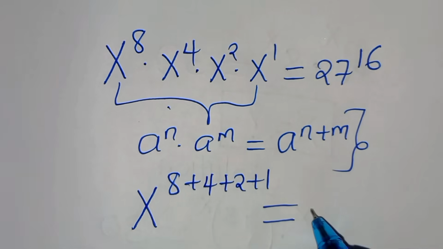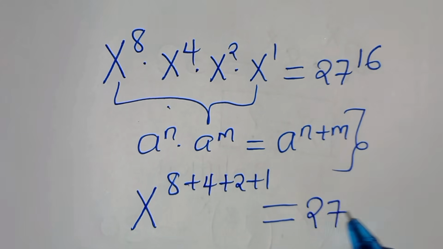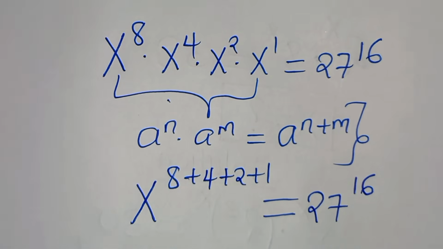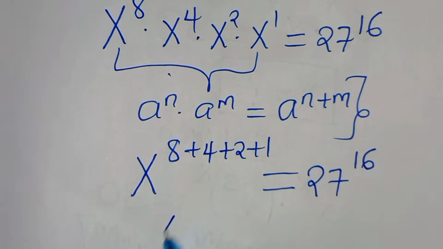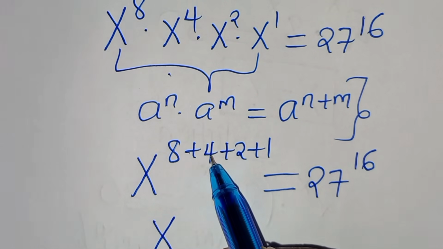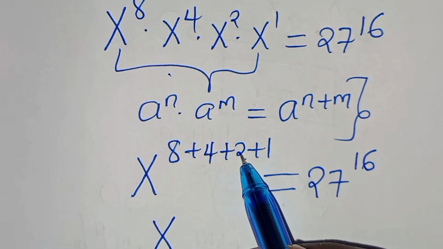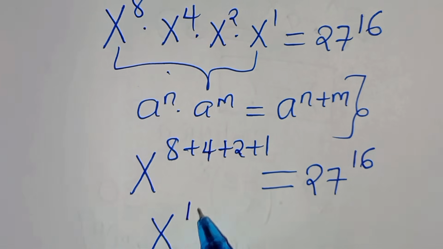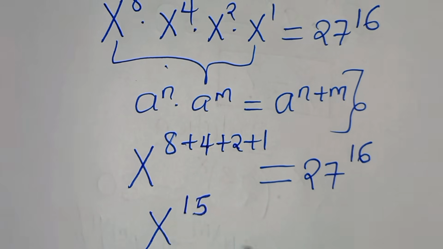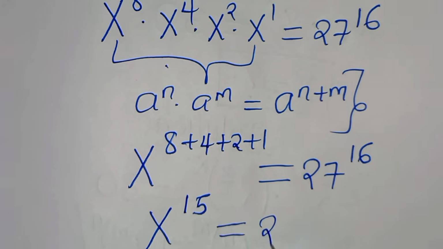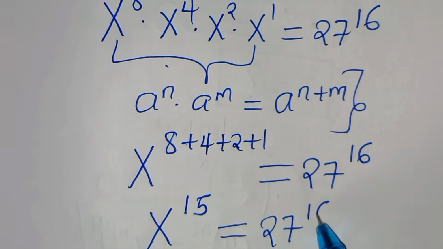This is equal to 27 raised to the power of 16. So this is x to the power of 8 plus 4, this is 12, plus 2, this is 14, plus 1, this is 15. So this is x to the power of 15. This is equal to 27 raised to the power of 16.